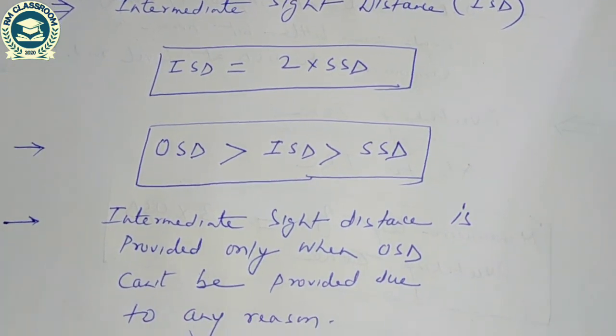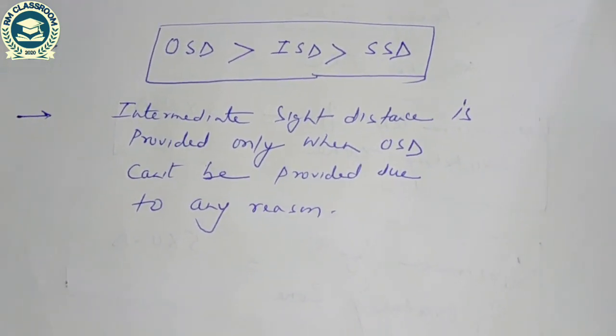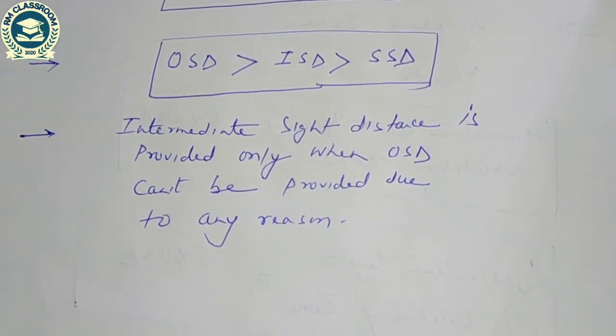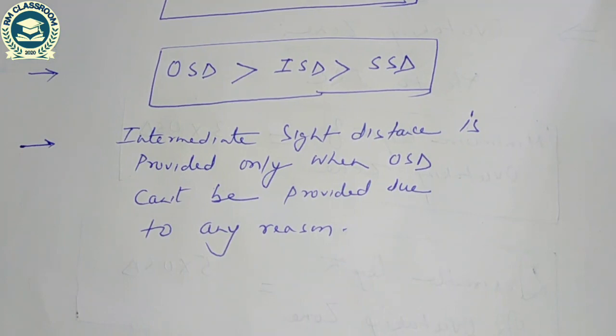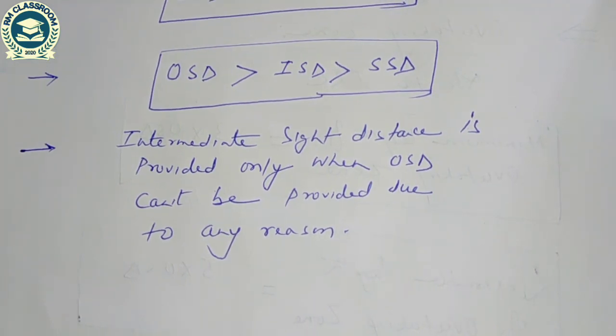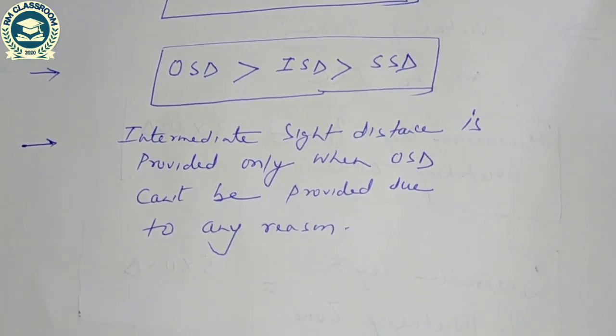So the places where we are unable to provide the overtaking side distance, at that point we have to provide the intermediate side distance, and the magnitude of intermediate side distance is 2 times the stopping side distance.